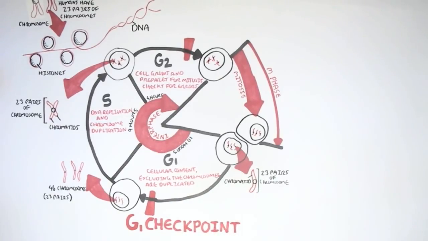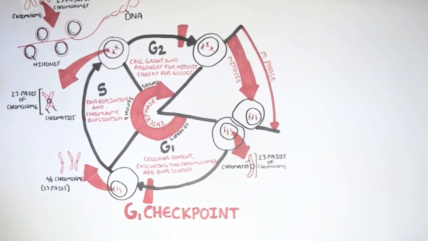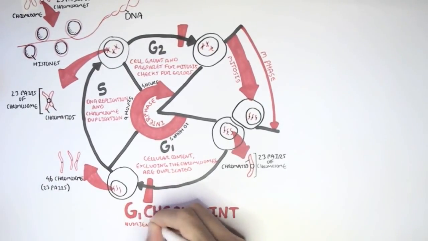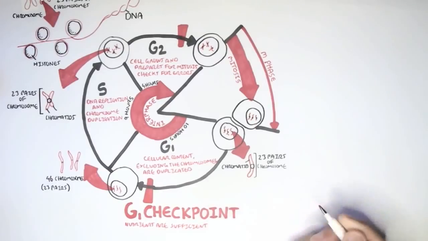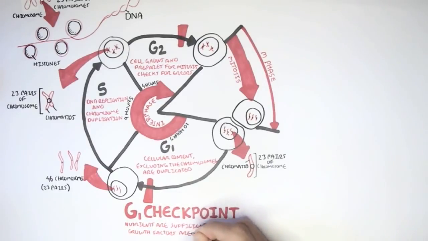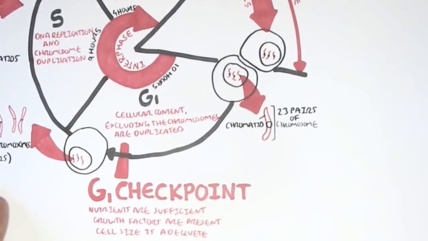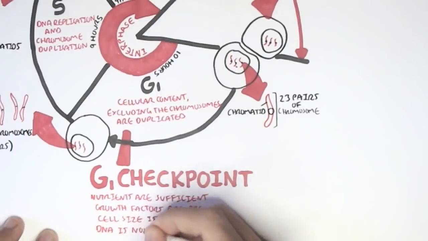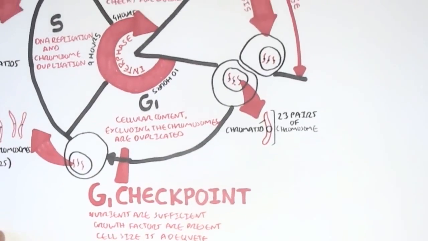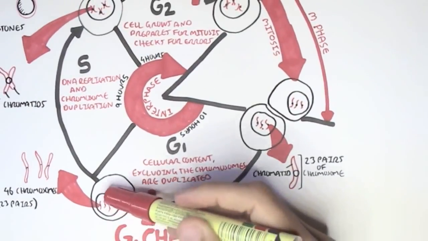When this cell enters the first checkpoint, which is called the G1 checkpoint, the cell will check that nutrients are sufficient, that growth factors are present, that the cell size is adequate, and that there is no DNA damage. Once all this is okay, the cell can enter the synthesis phase, where it will have DNA replication, etc.